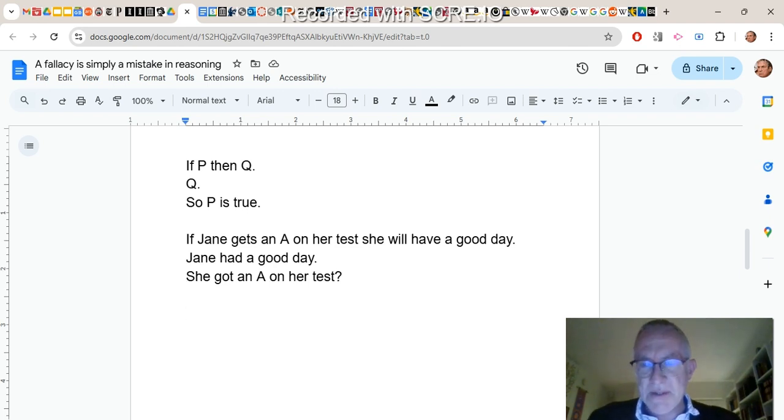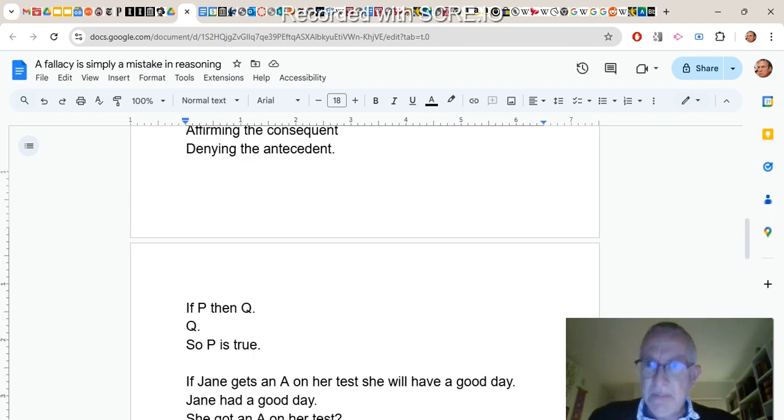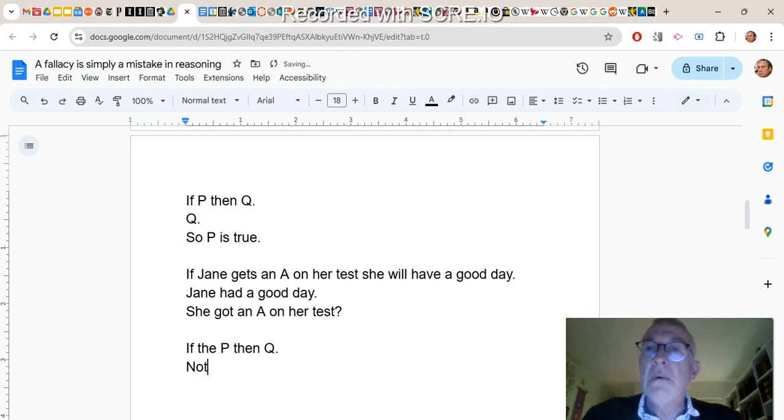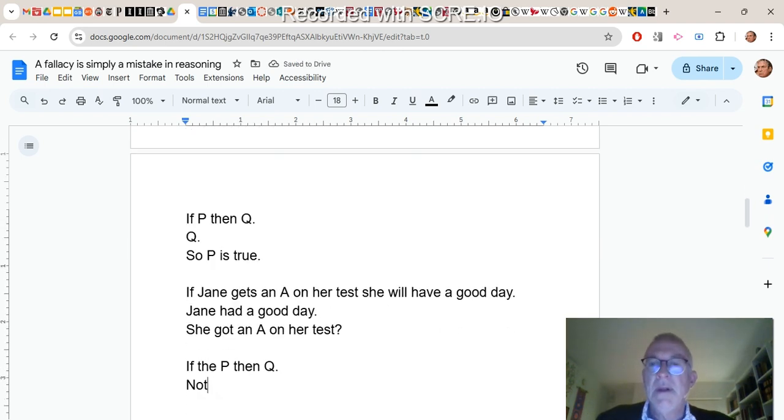The other fallacy is denying the antecedent. Let's do it again. If P, then Q. Not P, therefore not Q. That is another fallacy.